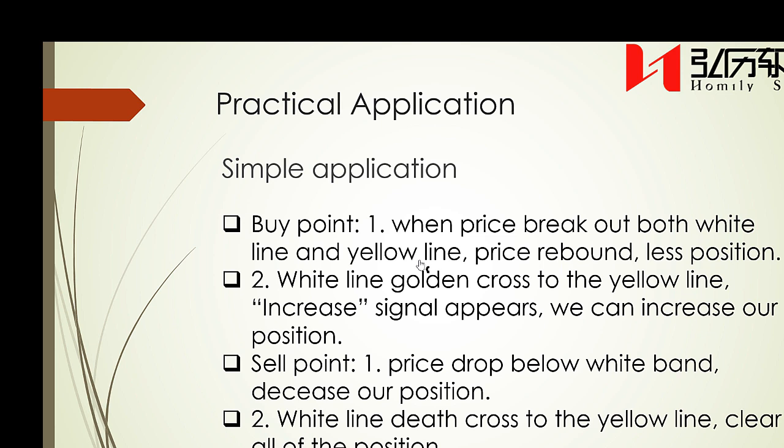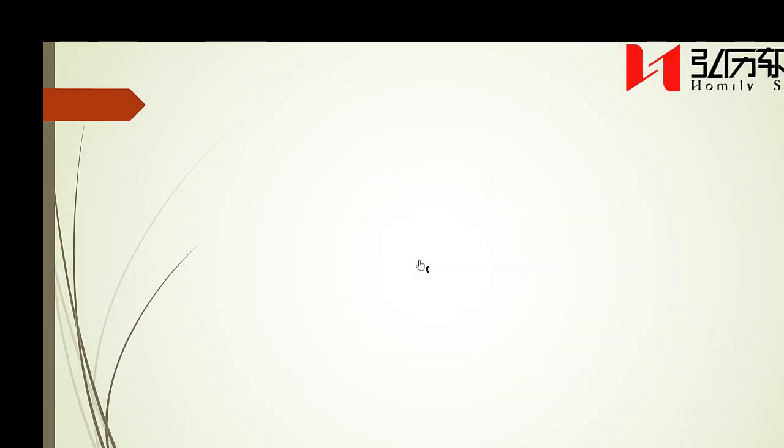So here we can decrease our position. And when the white line crosses down through the yellow line, here we should clear all of our position. We should sell all of our shares here. So we should know about this. It is very, very simple. Just follow the signals.